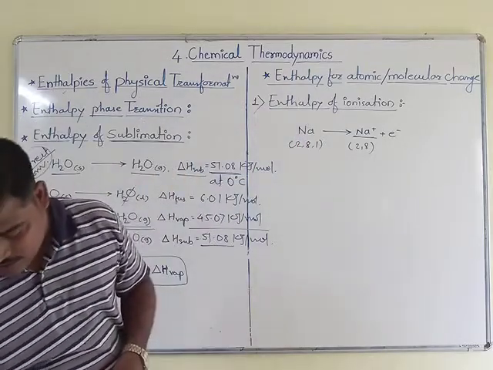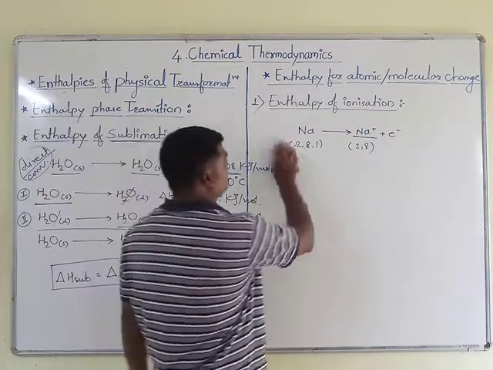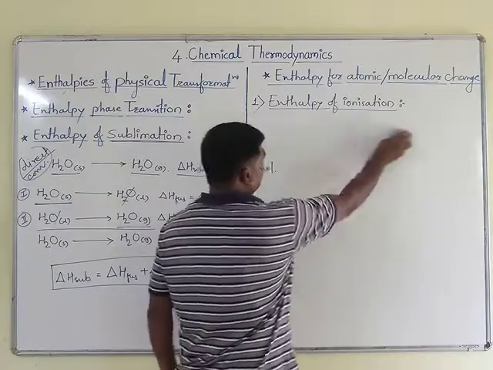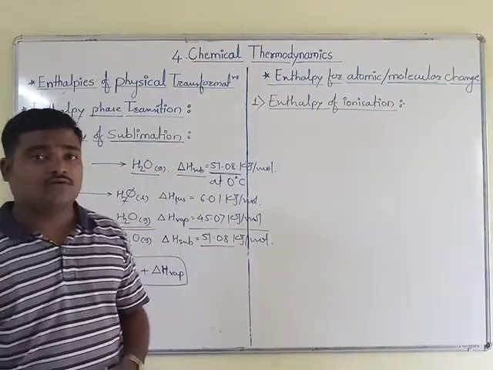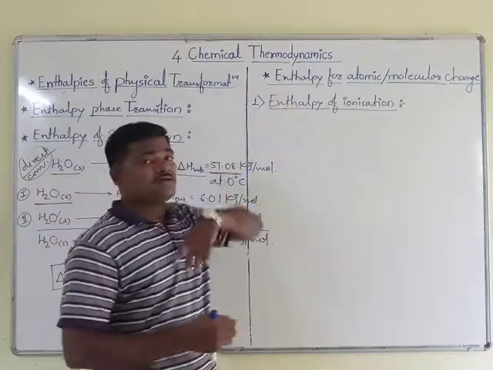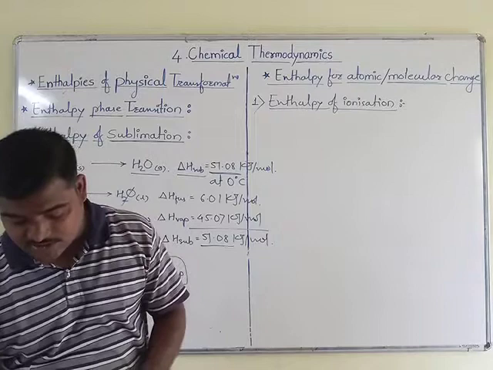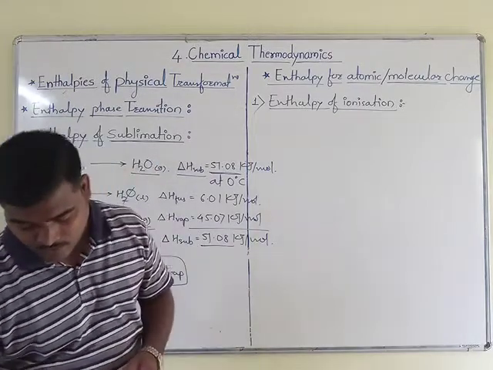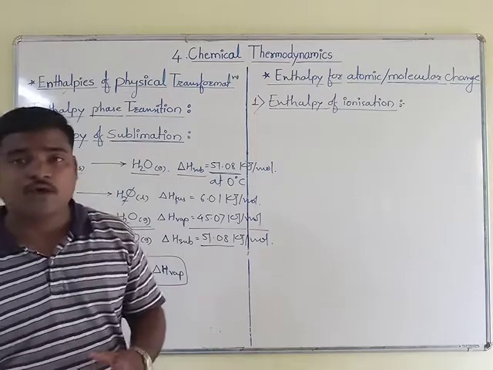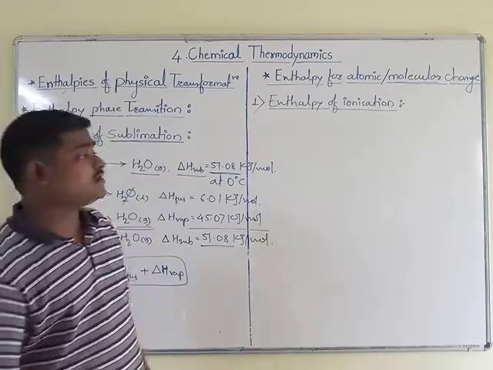Now we will see the enthalpy of ionization for this process. First of all, we have to state it in a very perfect manner. It is the enthalpy change accompanying the removal of an electron from one mole of gaseous atoms.